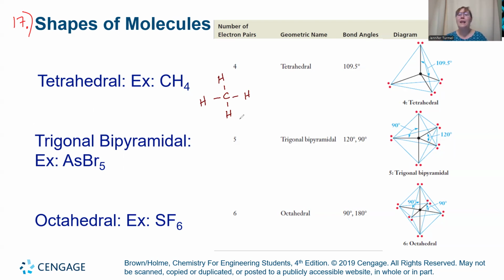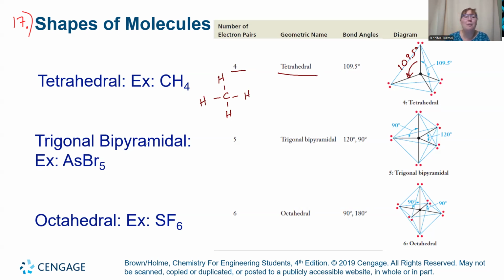So the best way to get these apart from each other is to form a tetrahedron, and you can see this sketch drawn here. And each one of these bond angles is 109.5 degrees. And we're sharing 4 electron pairs, and it is called tetrahedral.